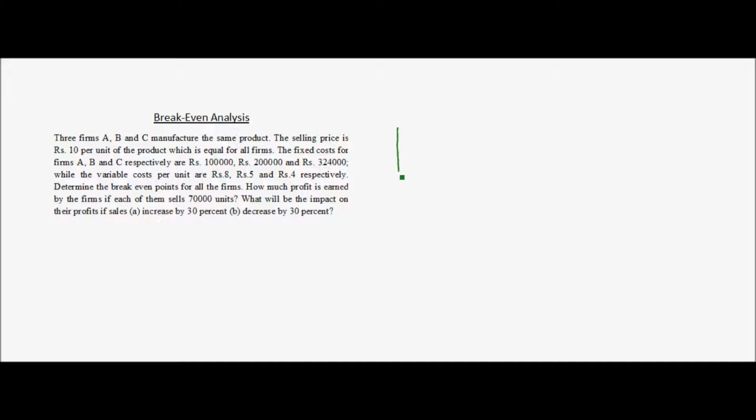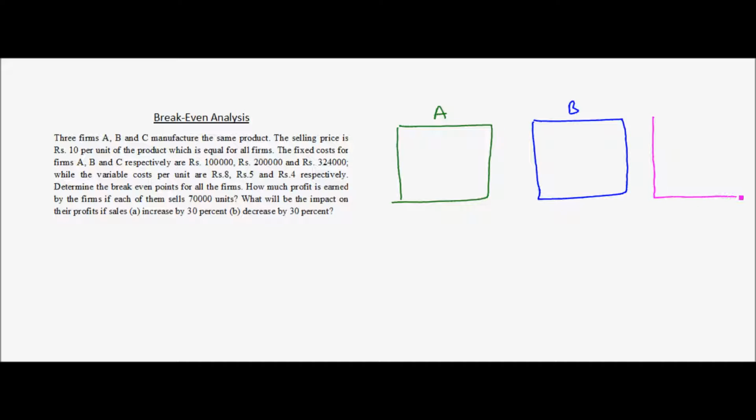So let's say this is firm A. This is firm B. And this is firm C. Now all these three firms must have either bought or leased their buildings or the facilities.